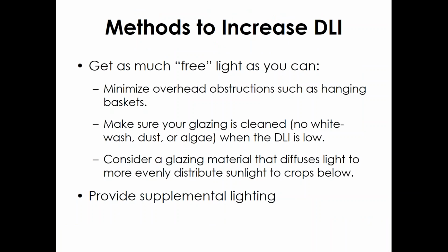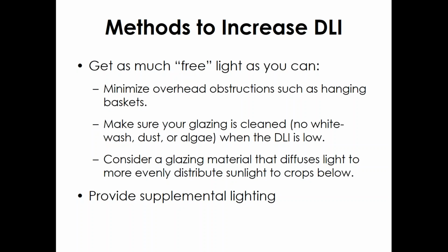So in terms of methods of increasing the daily light integral, we've talked a little bit about supplemental lighting, but obviously, the light that we get from the sun is free, and we want to utilize as much of it as possible. So how can we do this? Well, by minimizing those overhead obstructions, such as hanging baskets. Obviously, we don't recommend having hanging baskets over young plants, but we often see this. There's obviously problems with potential of disease, but also dripping.